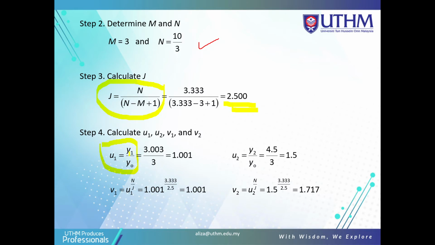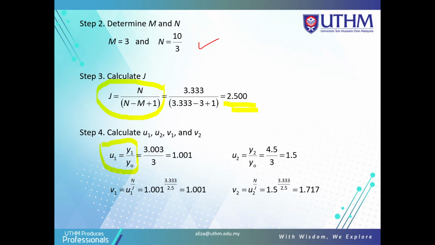We assume that y1 is y0 plus 0.001 until 0.003, so y1 is assumed to be 3.003.